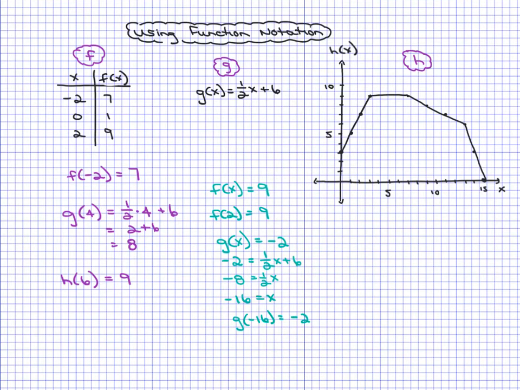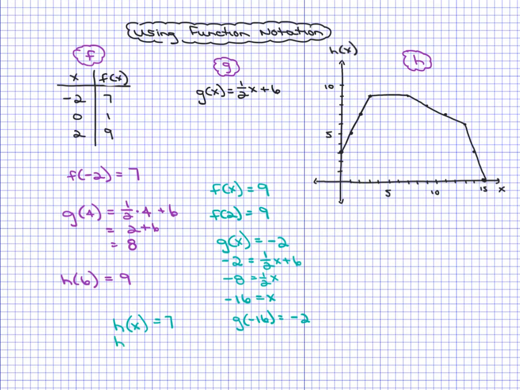And finally, let's think about our graph. I'm going to put that over here. What would h of x be equal to 7? What input gives us the output of 7? So let's come up on our output to 5, 6, 7. Come over, here's the graph, and let's come down and see the input is going to be 2.